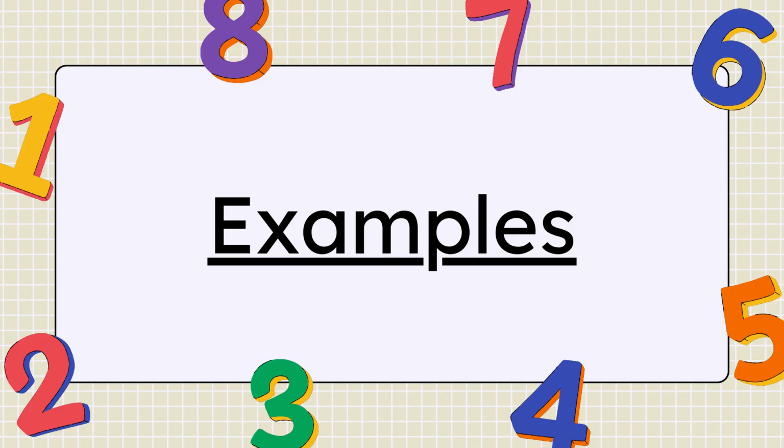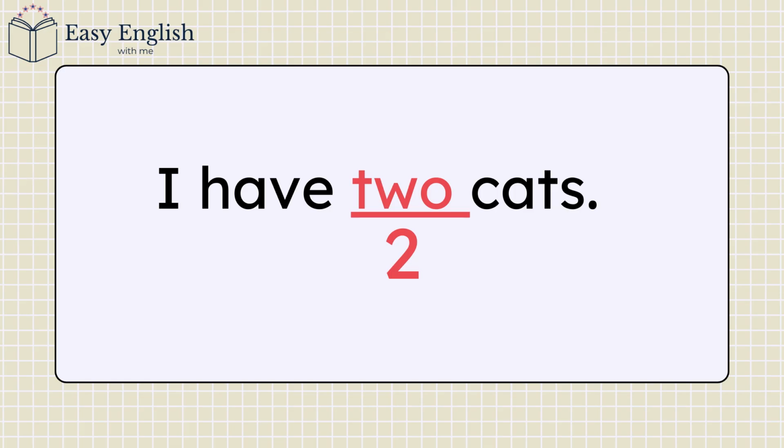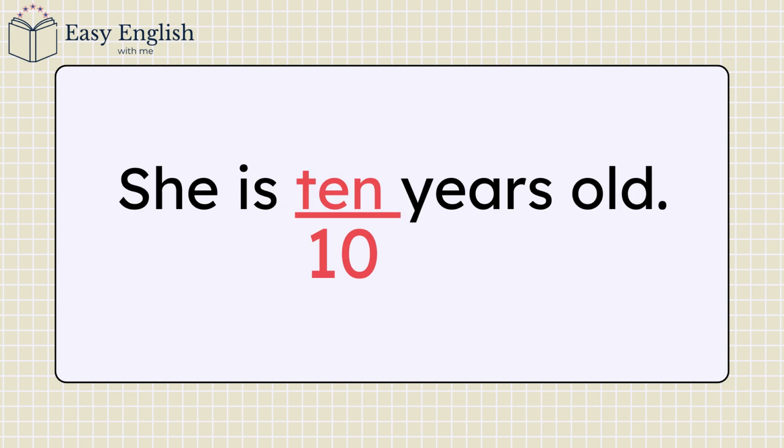Well done! These are your first English numbers. Let's use them in short examples. I have 2 cats. She is 10 years old.